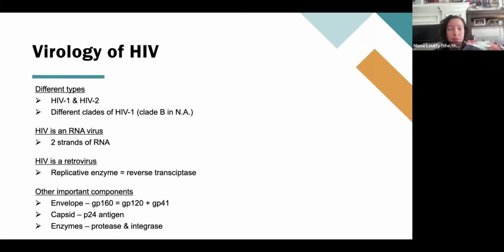That's the more common one. And HIV-2 is a different virus. And they actually came from different sources. The HIV-1 came from the chimpanzee, HIV-2 came from the sooty mangabey monkey, and they originated in different regions.